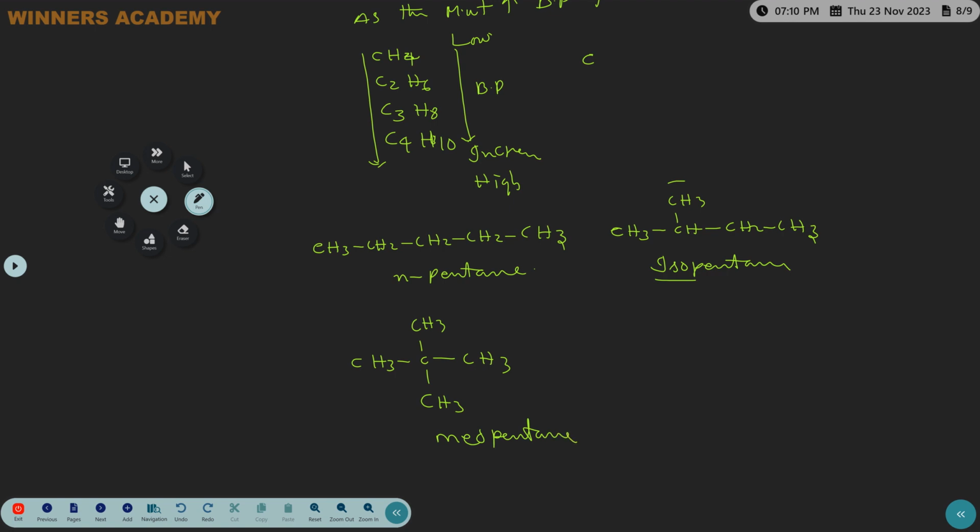How many carbon atoms are there in all these compounds? 5 carbon atoms: 1, 2, 3, 4, 5. Here also 1, 2, 3, 4, 5 carbon atoms. And the hydrogen atoms are also the same.